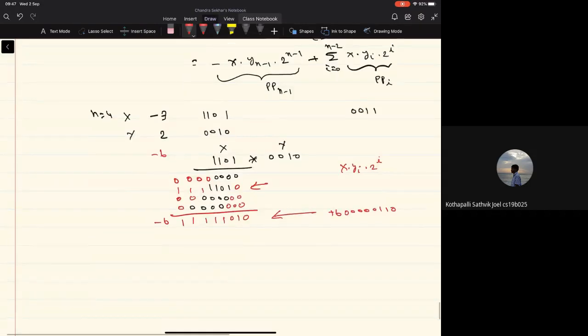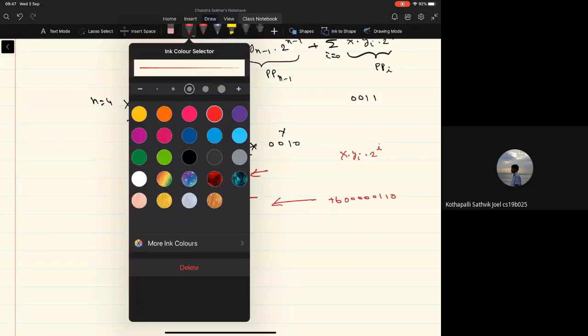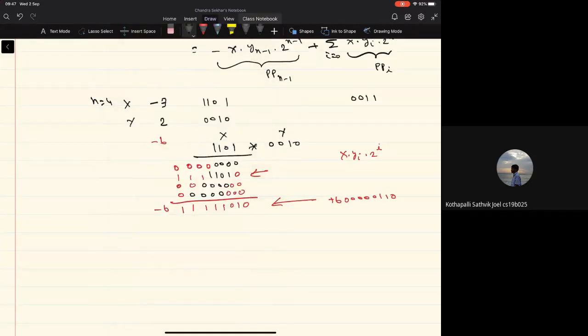So let's look at the other case quickly. With that, we'll close. So let's say x is +3 and y is -2. So it is 0, 0, 1, 1 multiplied by 1, 1, 1, 0. So you can quickly do that.